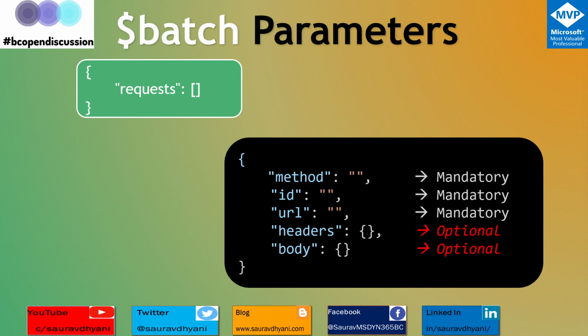Those kind of things you need to define in your header, and the body is actually the content that you only need if you are doing a post where you are adding something. So if you have noticed that during get there was no body, but while we are doing post, we need to define what we are posting, and that's why the body is optional. It depends on what kind of method you are using.